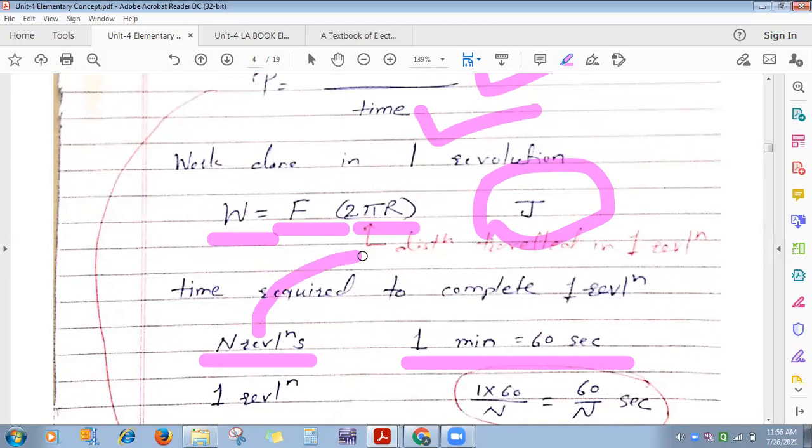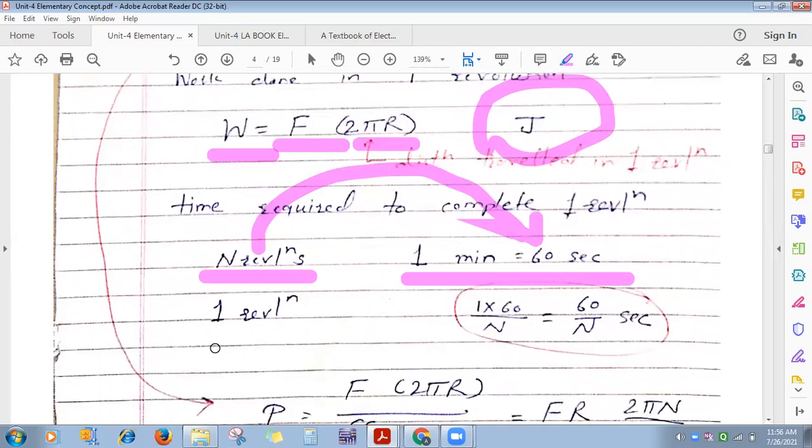So if N revolutions are completed in 60 seconds, how much time will it take to complete one revolution? 60 by N. Very good. 1 into 60 divided by N, that is 60 by N seconds.